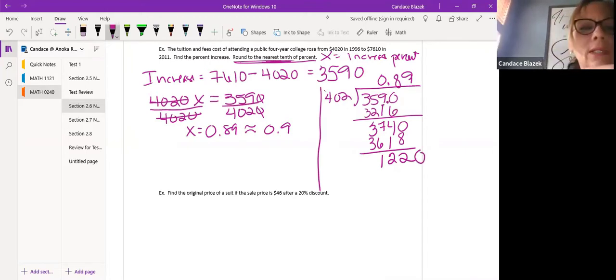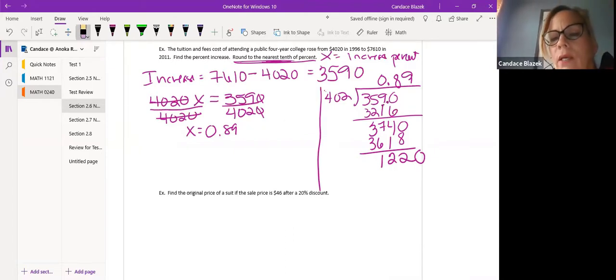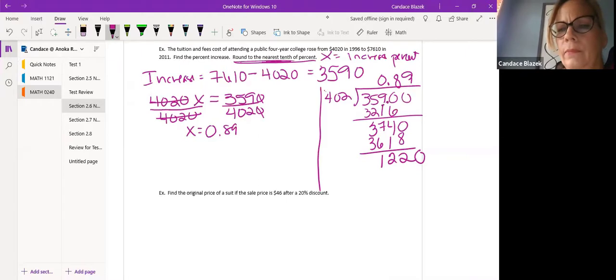402, so I'm going to erase a little here because we have a few more decimals. So if we bring down another 0, 10, 0 went there. 402 goes into 1,223 times.